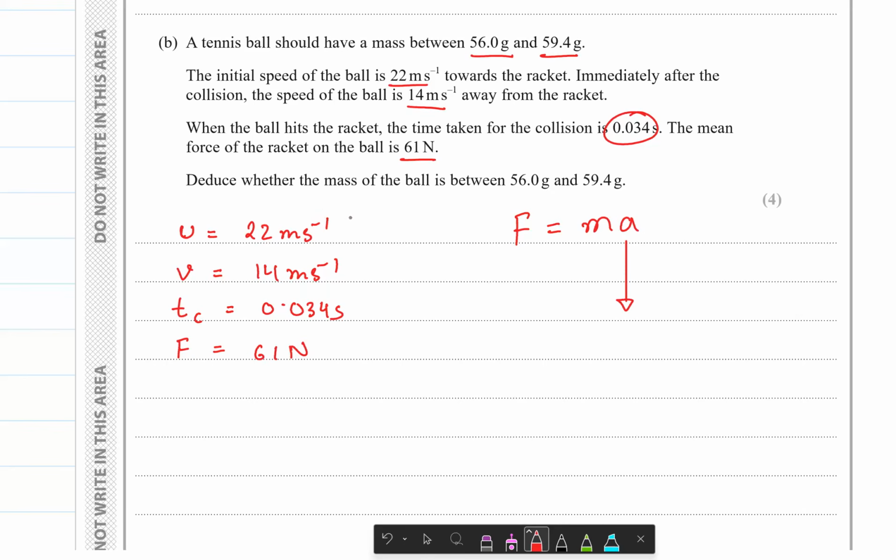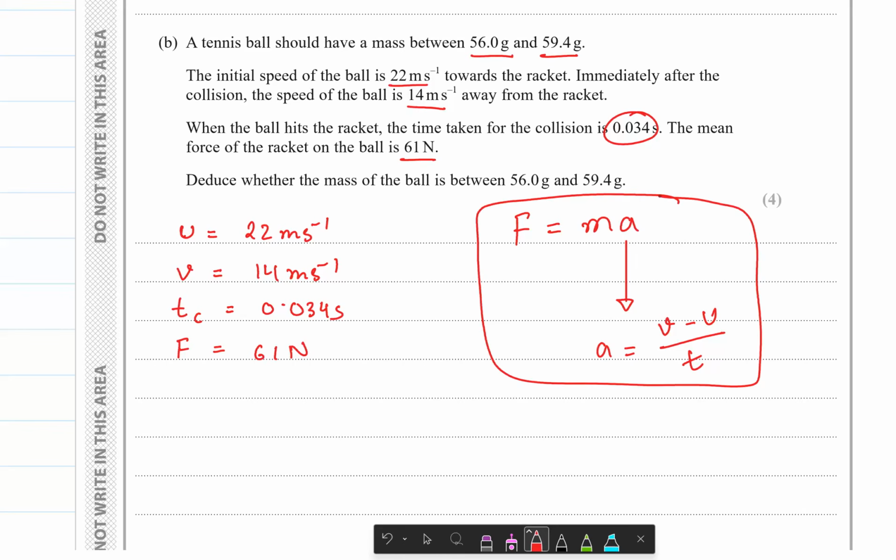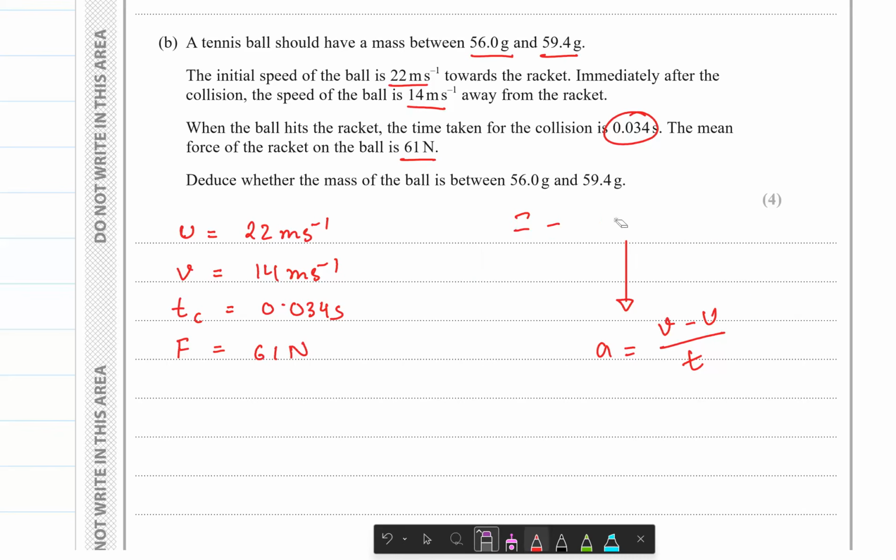But I know v, u, and t, so I can use this formula: acceleration equals change of velocity per unit time. This is my thought process. I'm going to do it in reverse order, so let me find the acceleration first.